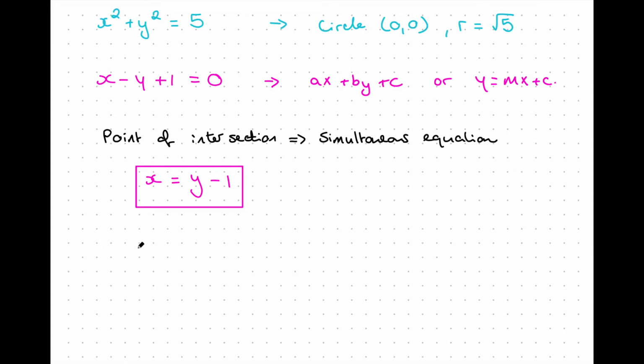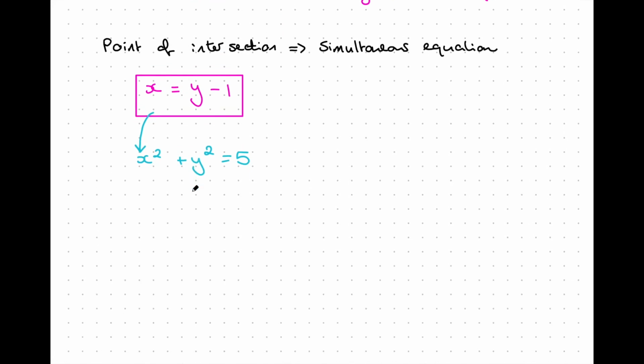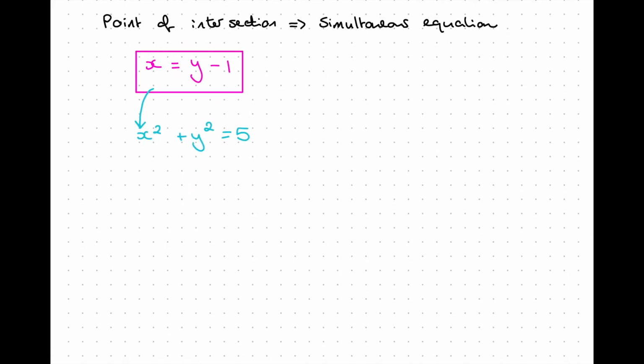What I can do with that now is I can take my original circle equation here, and instead of saying x, I can actually replace it with what I know the value of x to be from the linear graph. So I'm going to do a simultaneous equation by substitution is what we would call this. So I'm going to have y minus 1 squared plus y squared here is equal to 5.